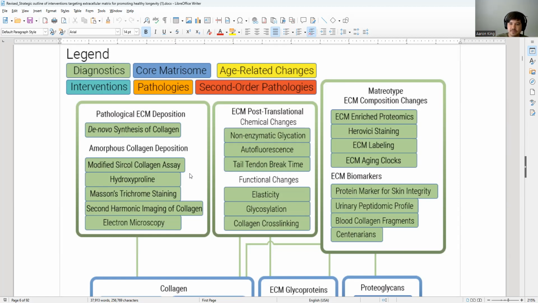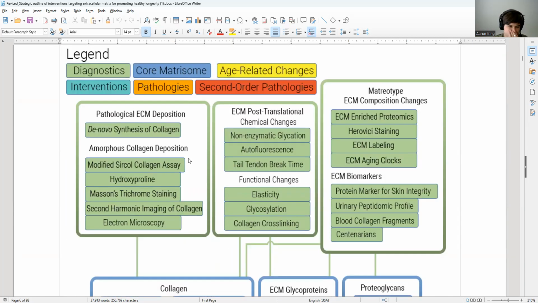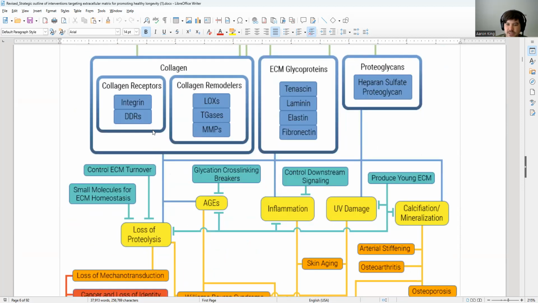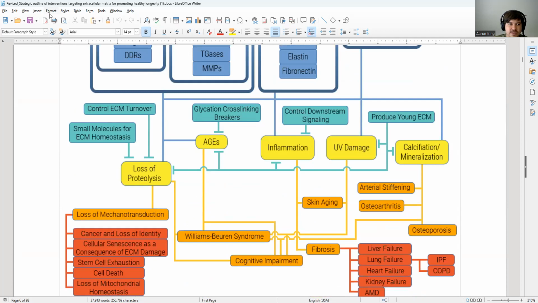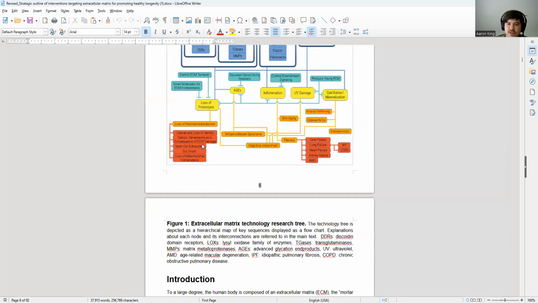That's what I want to harp on a little bit. This is a very excellent overview and organization of all the different pieces of the field of ECM and aging.